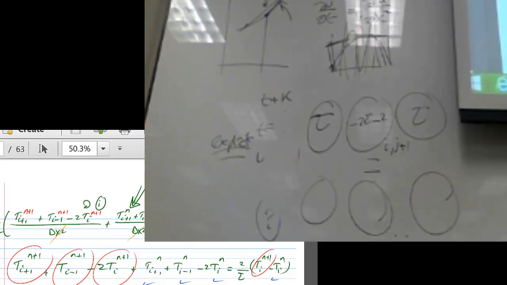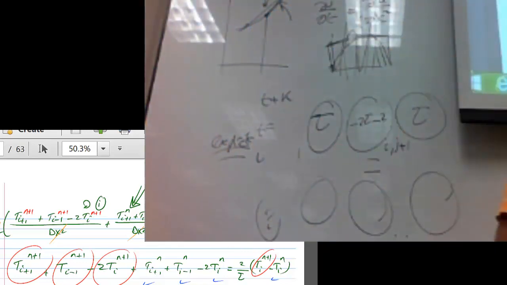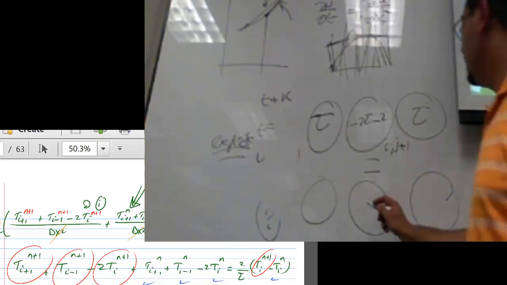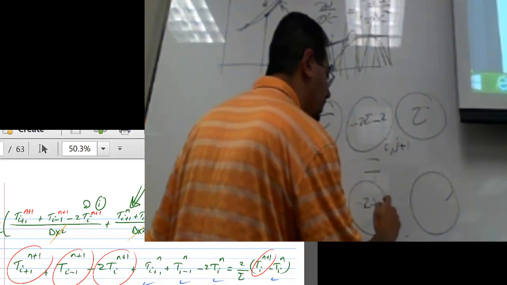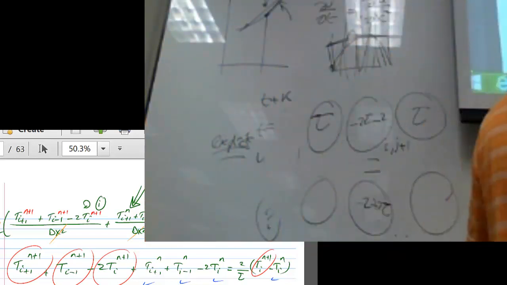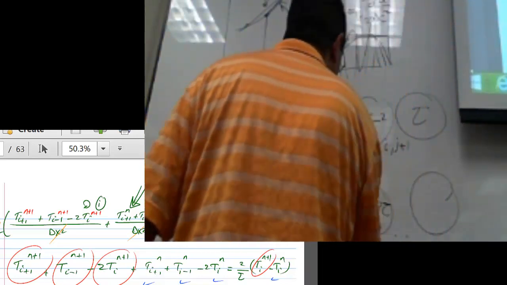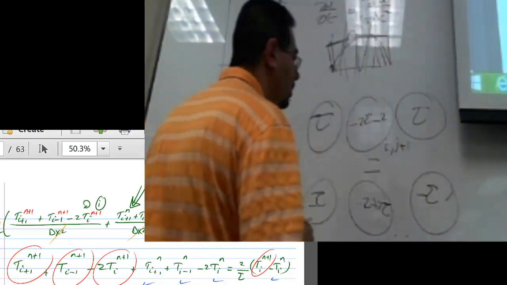Then on the other side you'll have minus 2 tau, so minus 2, right? And this minus 2 here would come here as plus 2 tau. So we have minus 2 plus 2 tau. And those are tau and tau. So they will go over to the other side, and it's minus tau and minus tau. Right?